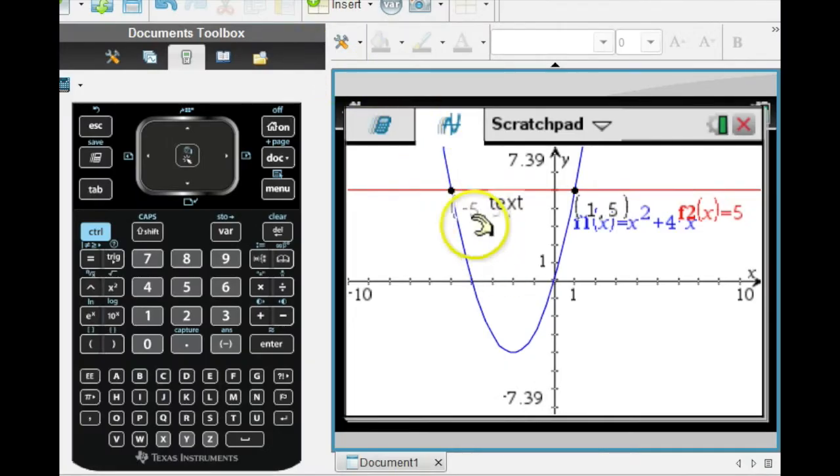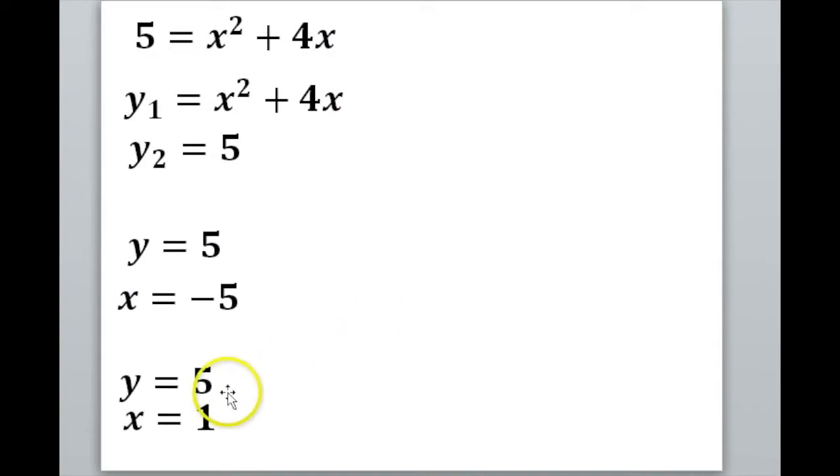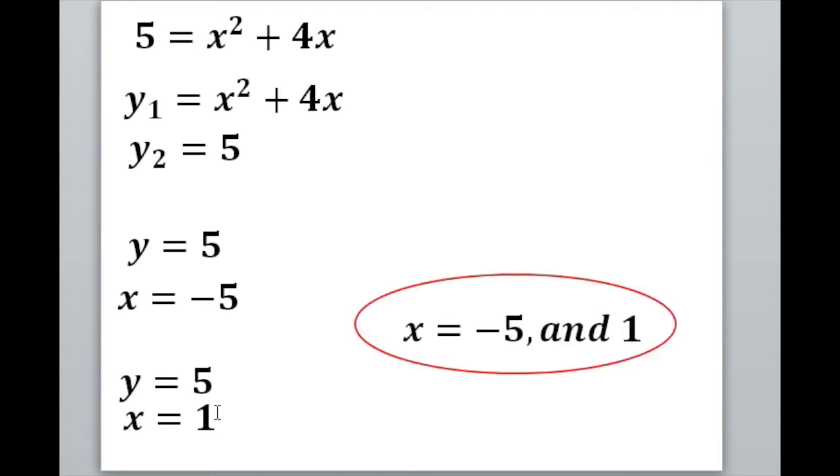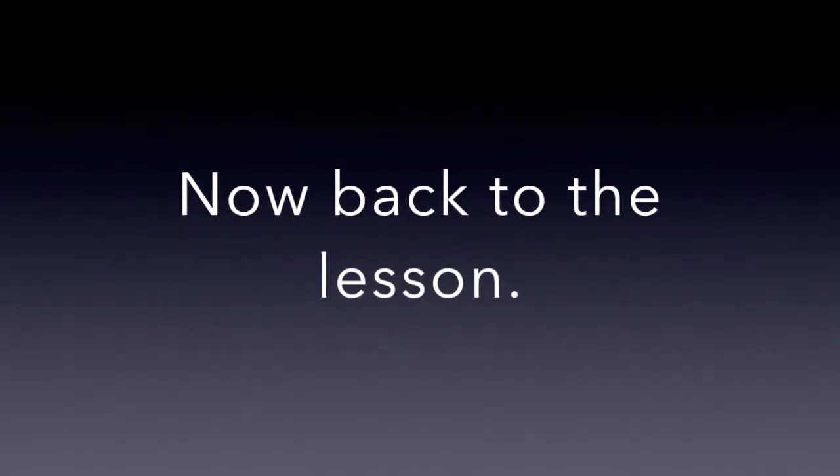We have two answers, and my two answers here for x are going to be negative 5 and 1. Okay, so we enter these in, we find our second point, positive 5, 1. But really our answer here is x equals negative 5 and 1. Excuse me. So negative 5 and 1 are our two answers, and we got that directly from these points, negative 5 and positive 1 right there.